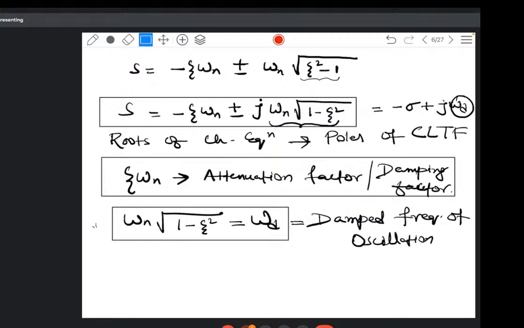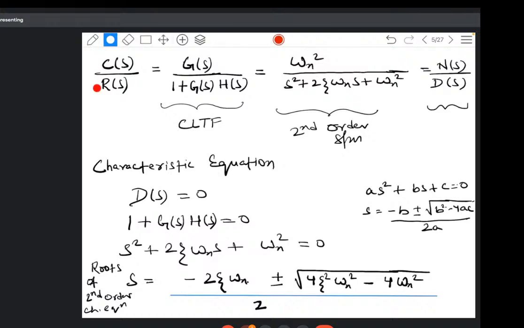Okay. So the roots of characteristic equation are this, and how I got it? From the characteristic equation. So once you know the standard transfer function, you can find out the characteristic equation, put this value equal to 0 and get the roots of the characteristic equation. Here the roots of the characteristic equation are nothing but the poles of closed loop transfer function.